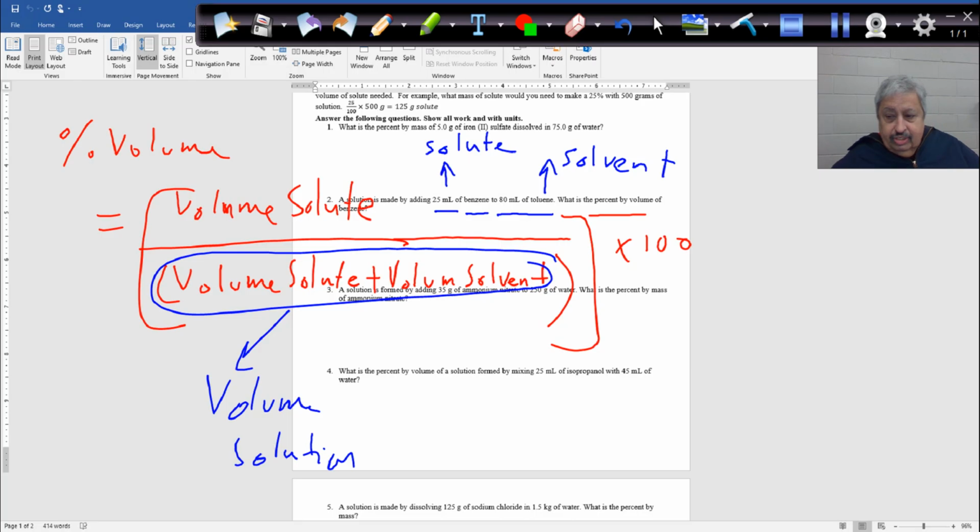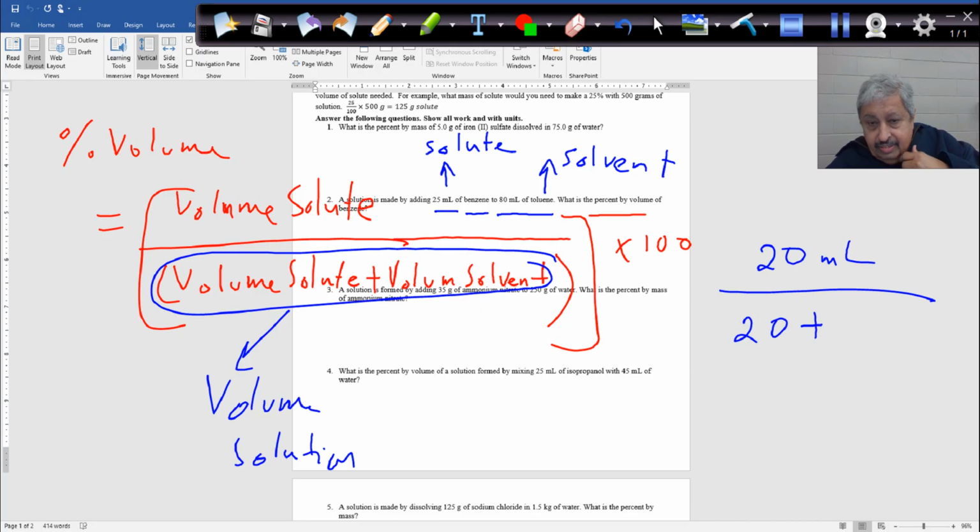So the solute is 20 mL, and the volume of the solution is 20 plus 80 mL, and the whole thing multiplied by 100.